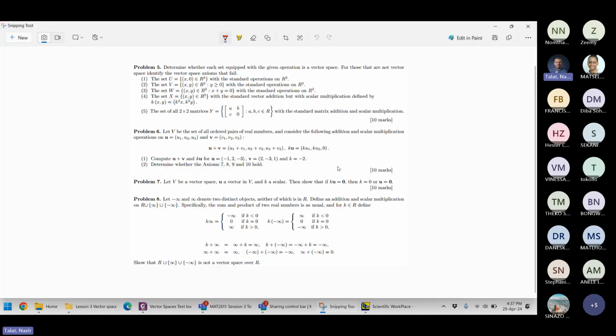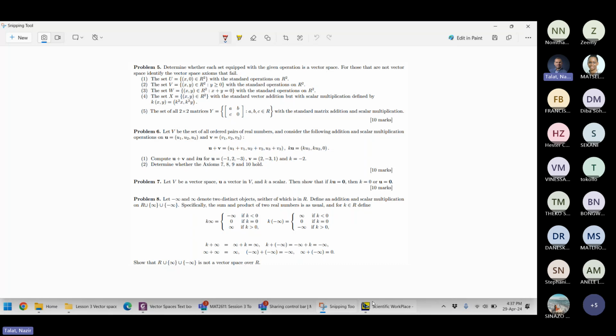And similarly, for this one, you can easily check that axiom number 10 does not hold for this set V, where V is a set of triplets coming from R3. Axioms number 7, 8, 9 will hold, but axiom number 10 does not hold.